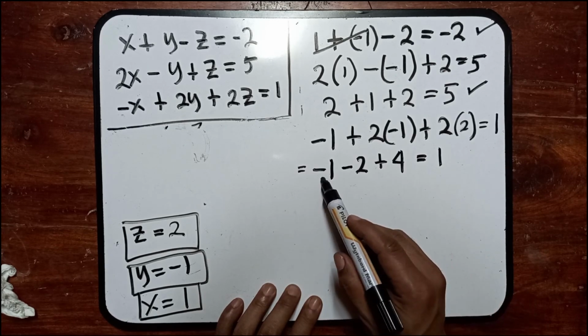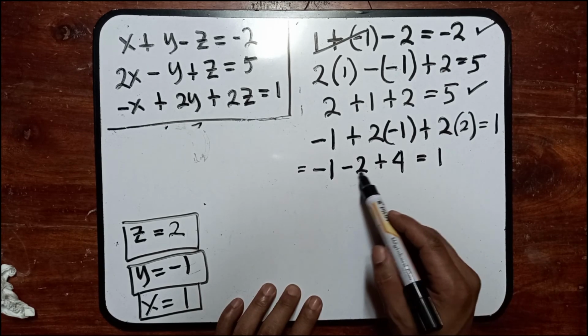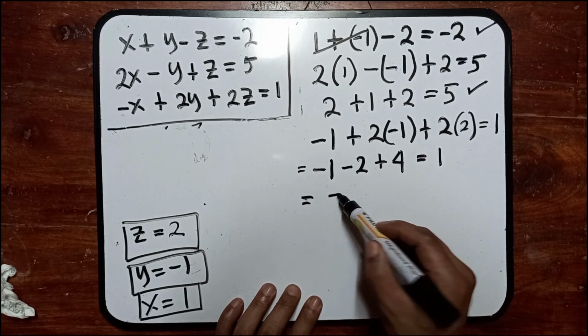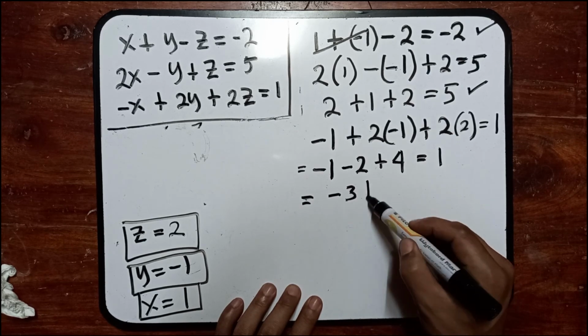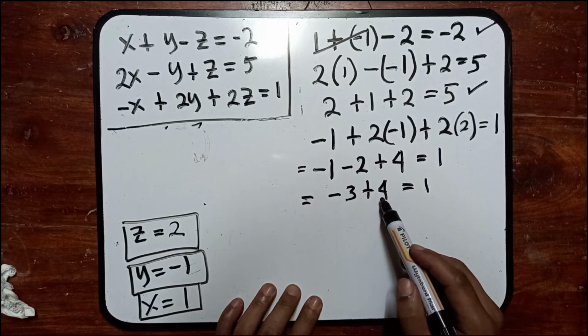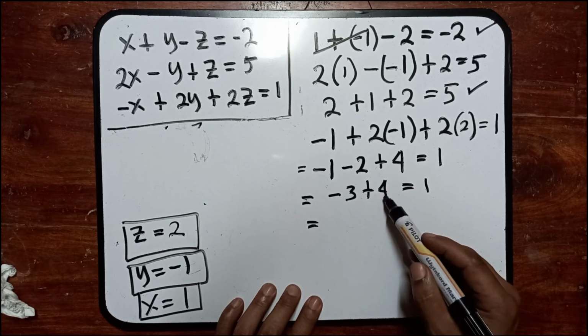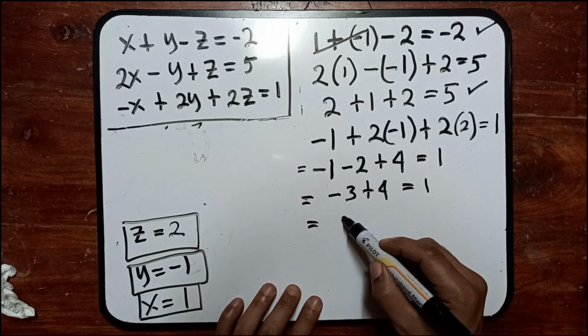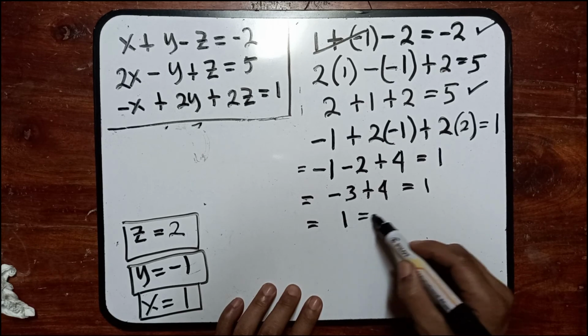So negative 1 minus 2, so this becomes negative 3 plus 4 equals 1. So negative 3 plus 4, this becomes subtraction, and then we will follow the sign of the highest number. So this becomes 1, and then 1 equals 1.